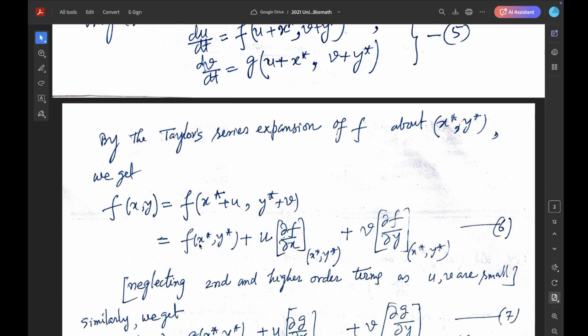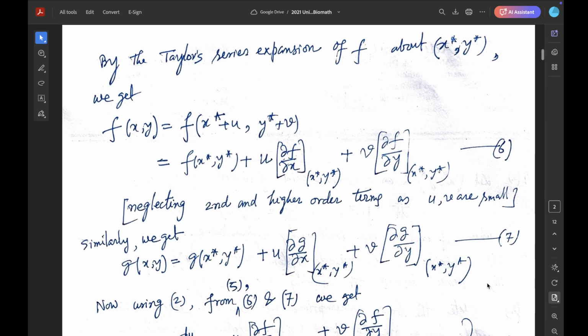Expanding this, we get f(x*, y*) + u ∂f/∂x at (x*, y*) + v ∂f/∂y at (x*, y*) + ..., neglecting second and higher order terms as u and v are small quantities. Similarly, g(x,y) = g(x*, y*) + u ∂g/∂x at (x*, y*) + v ∂g/∂y at (x*, y*). Equation 7.